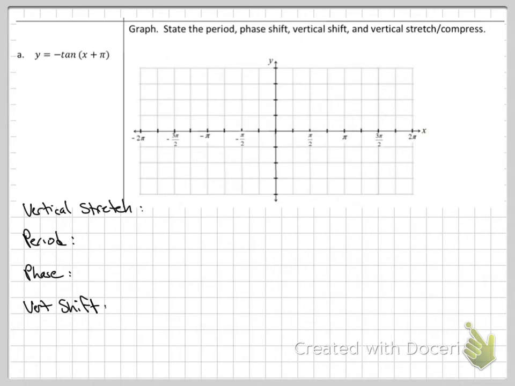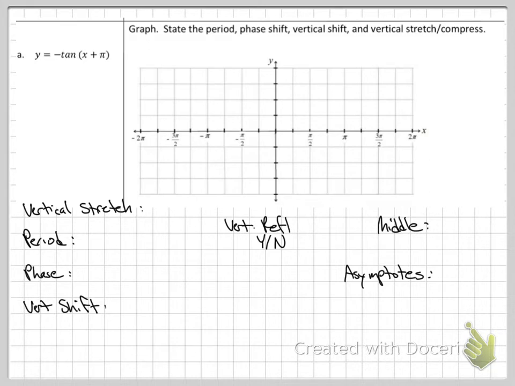We do need to know if it has a vertical reflection, yes, no. And then we're going to want to know the middle of tangent, and the asymptotes. We can figure everything else out if we have that.